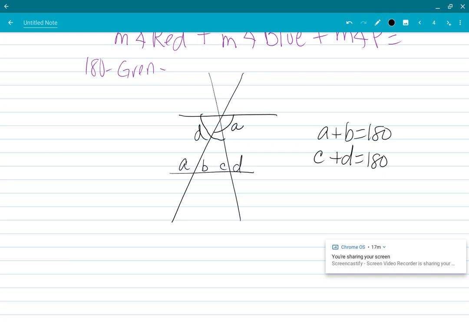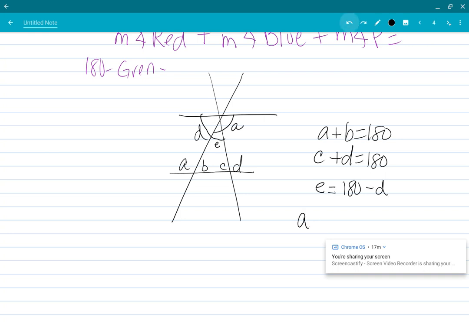I'm going to call this little piece right here E, just the one inside. So E is 180 minus D. So what's A?